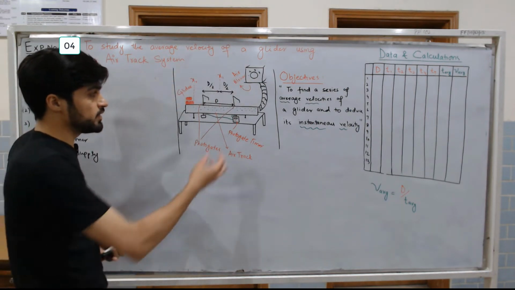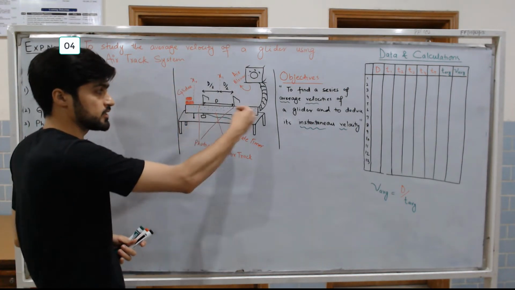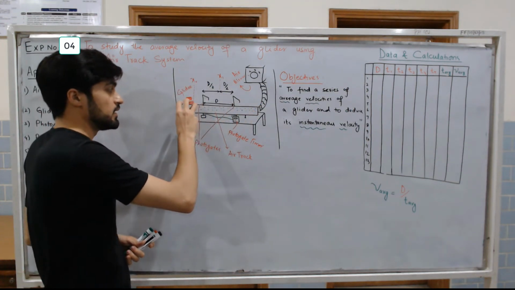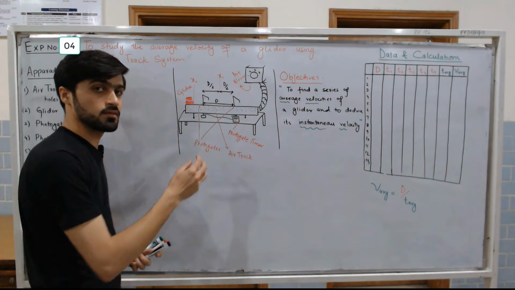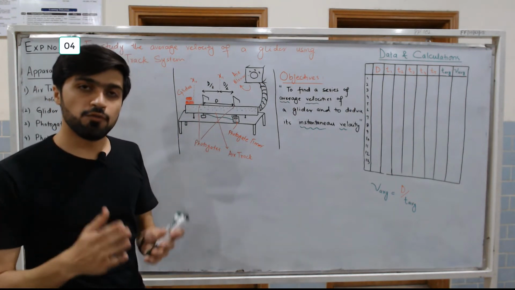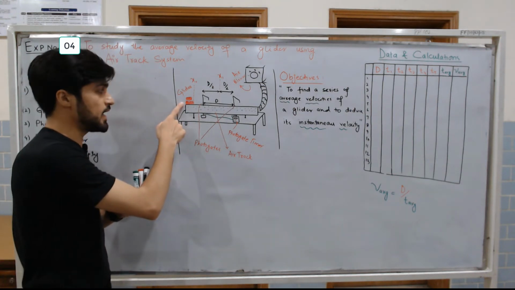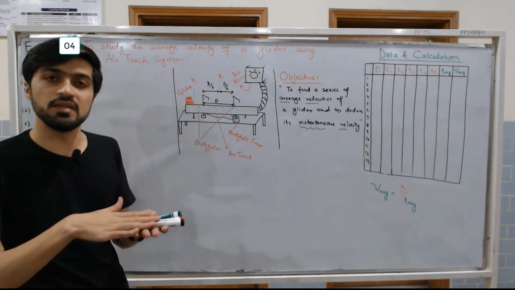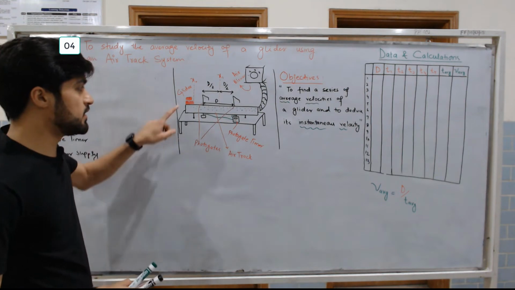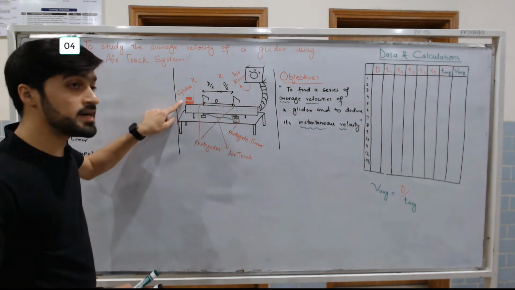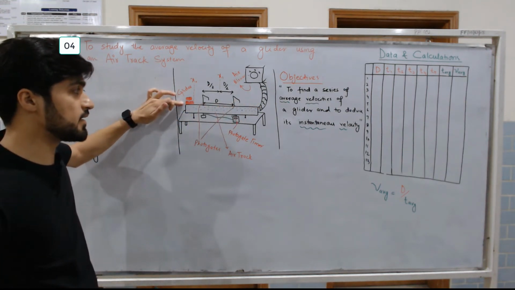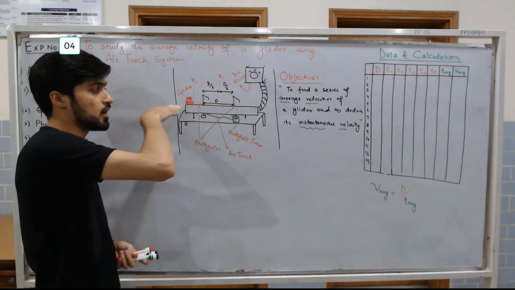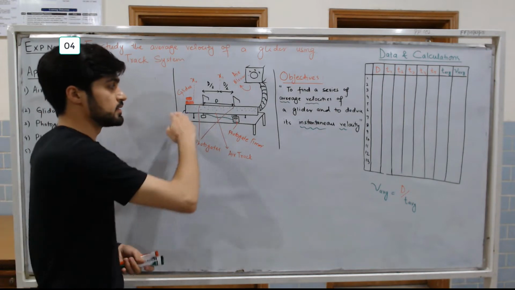What happens when the air goes inside this hollow triangular air track? This air provides a force to the glider, and as a result the friction between this surface and the glider surface decreases, and the air blower provides the force to the glider, and it moves or slides over this surface.